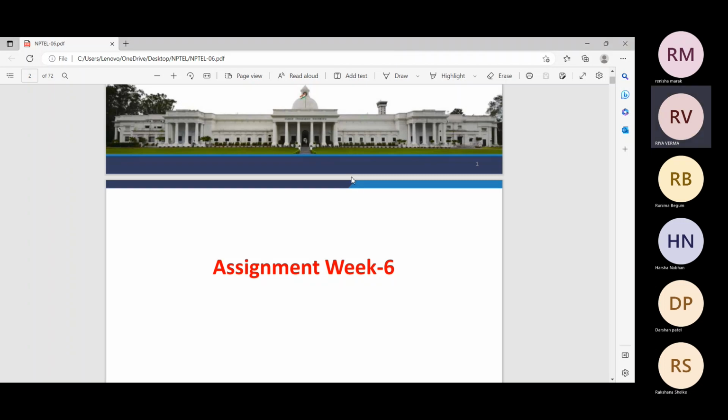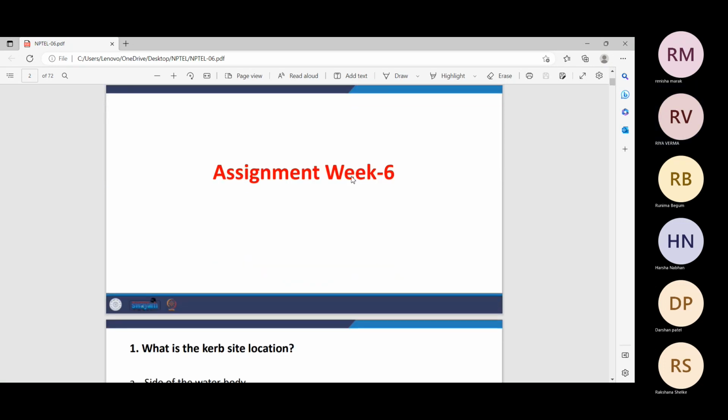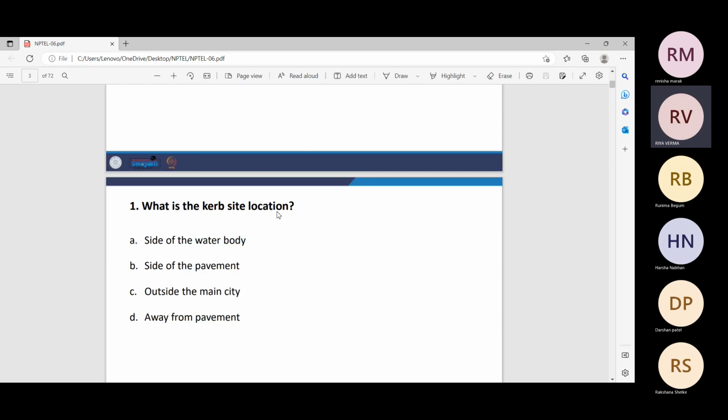So, starting with our assignment for week 6, the first question is: what is the curbside location? The options are option A, side of the water body, option B, side of the pavement, option C, outside the main city, and option D, away from the pavement.